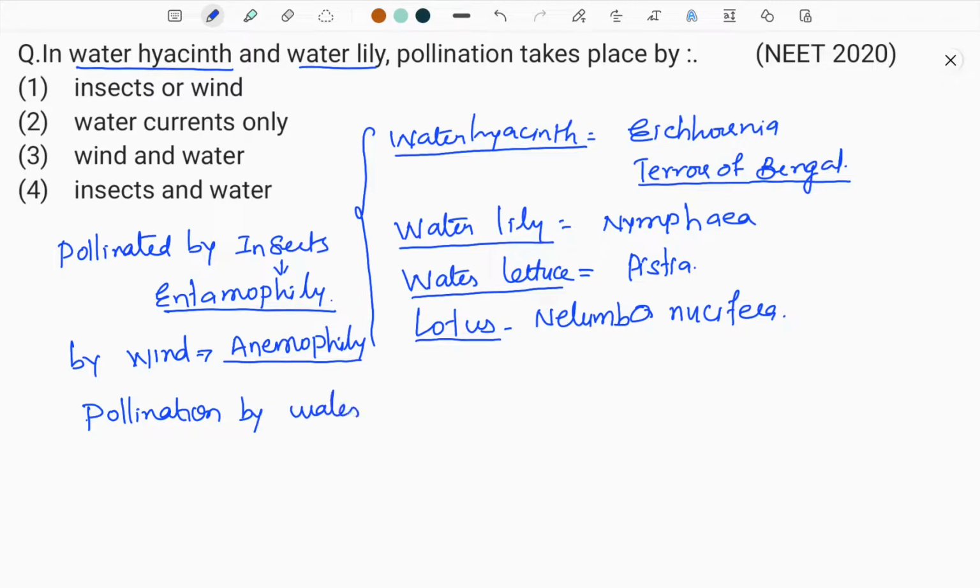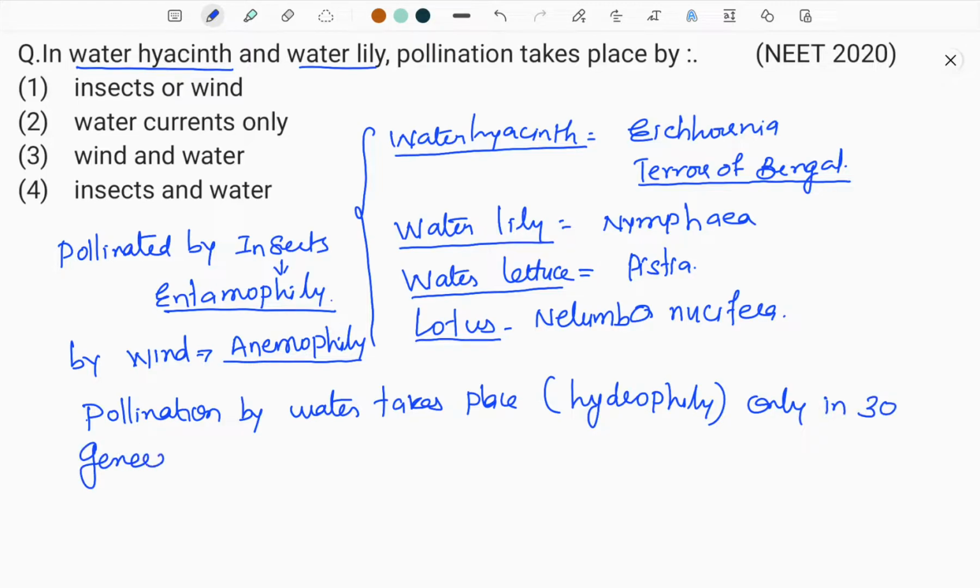We know monocots very well. So most of them are monocots.